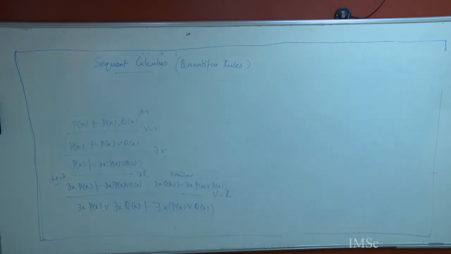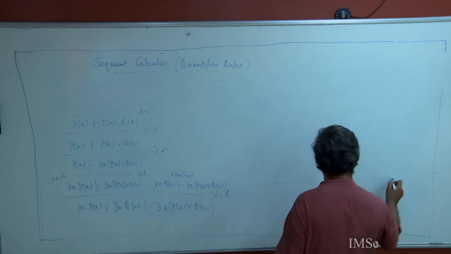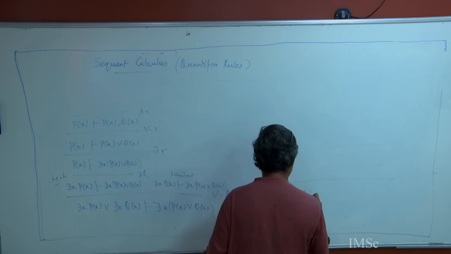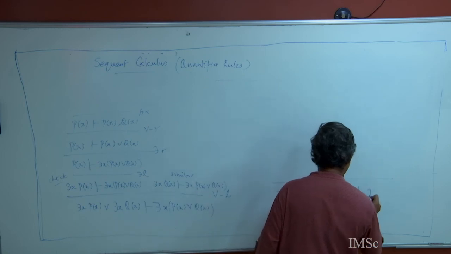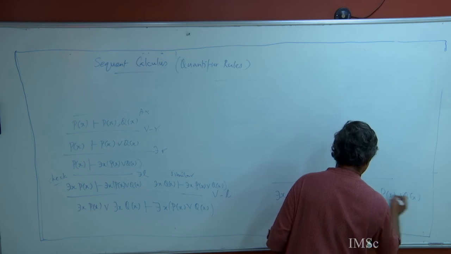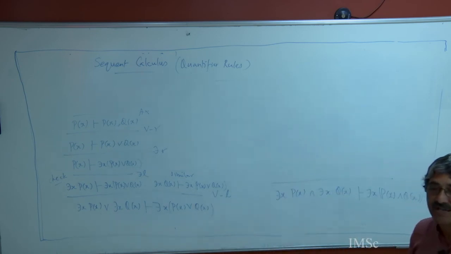How do you check that that happens? So, let me try to prove: from there exists x Px and there exists x Qx, I will try to derive there exists x (Px and Qx). This should not be possible. We know that this is not possible.